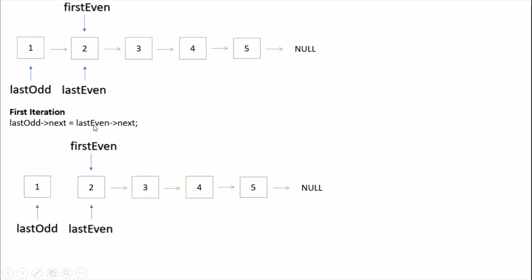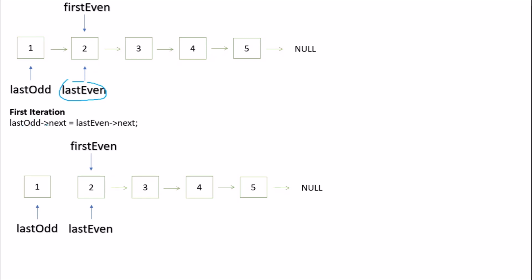Last odd and last even will track the last odd or last even node occurred in the odd and even linked lists. So last odd's next should be last even's next. Last even is pointing to 2, so 2's next is 3.